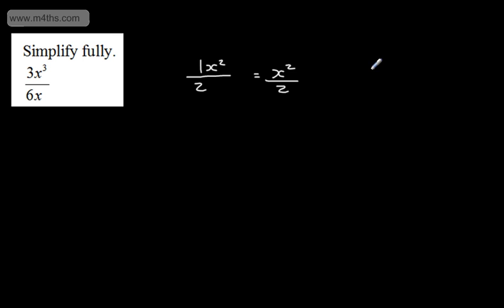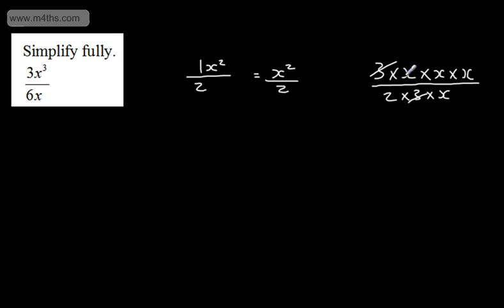If you wanted to think about this now, this is going to be 3 multiplied by x, multiplied by x, multiplied by x, over now 2 times by 3 multiplied by x. We can see that the 3's are going to cancel.